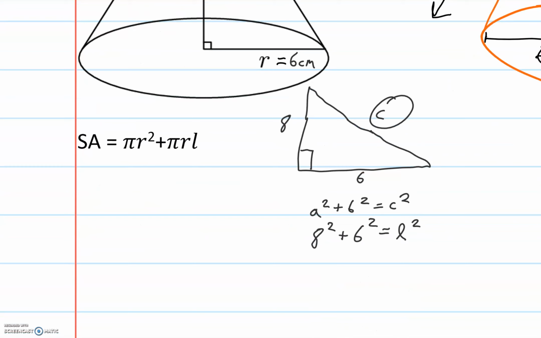So 8 squared is 64, and 6 squared is 36. And that equals L squared.